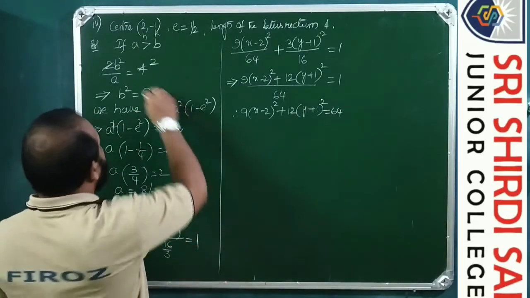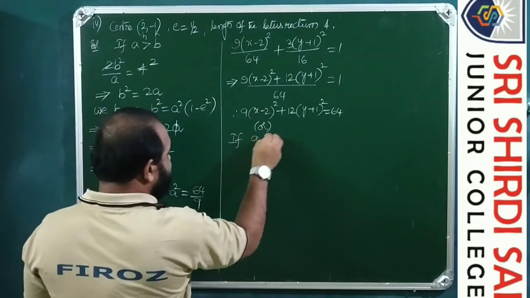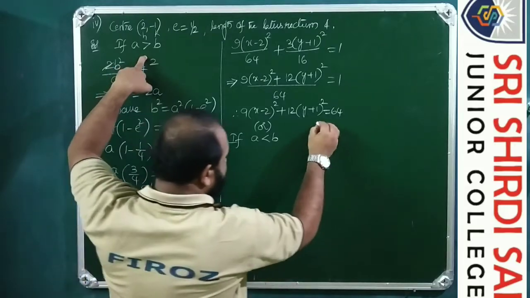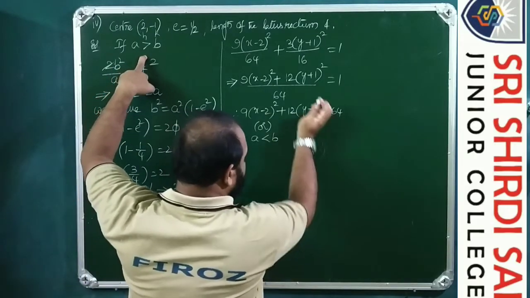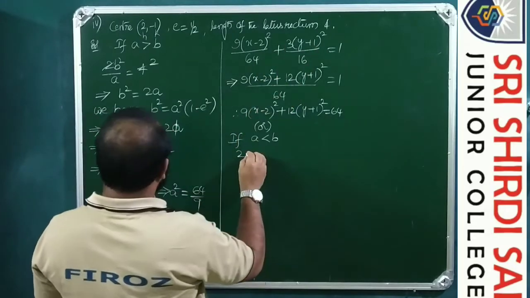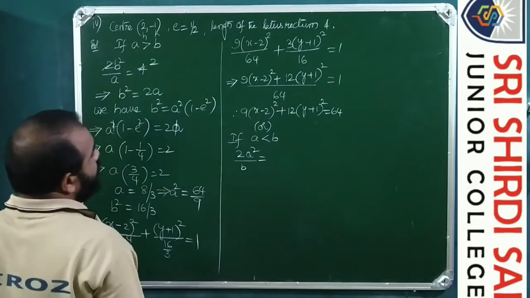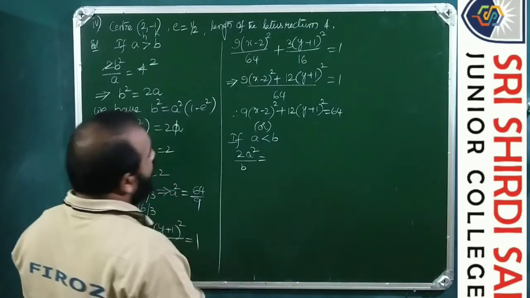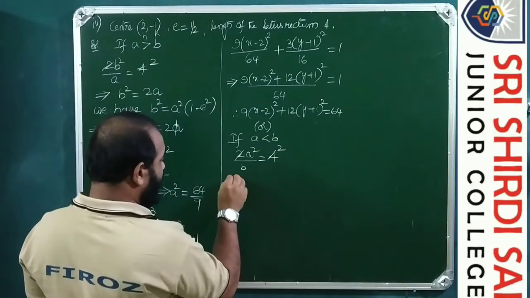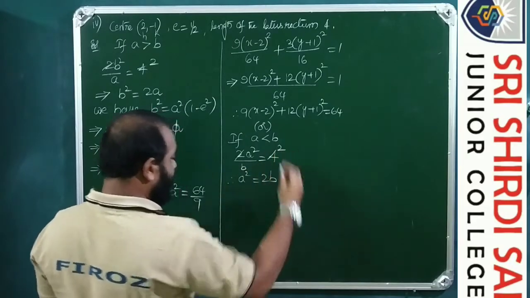Or if A is less than B, that is this ellipse, in that case, the length of the latus rectum is 2A square by B, which is equal to 4. 4 is given. Therefore, A square equals 2 into B, 2B.